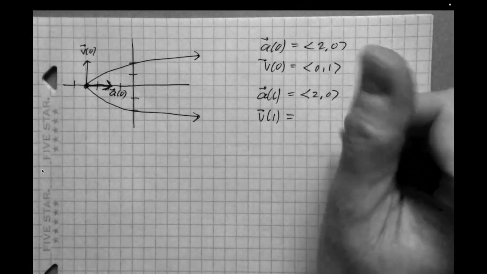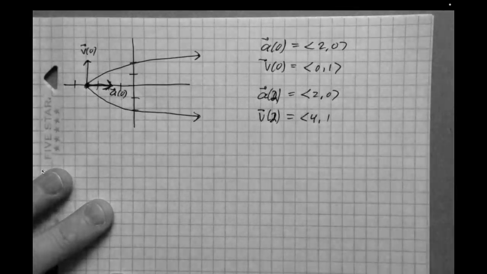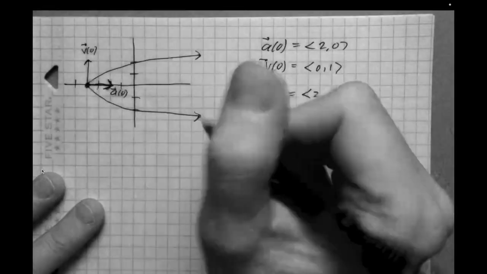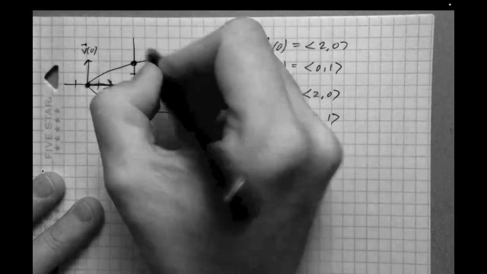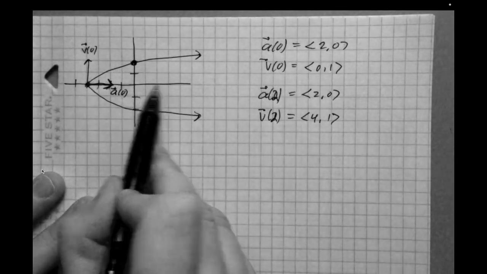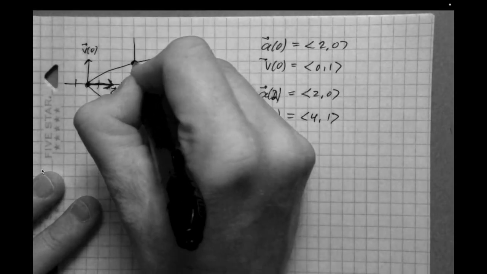Sorry, that's t equals 2. We just did those. So at t equals 2, the velocity is <4, 1>, right? And the position is here, right? And the velocity is going to be <4, 1>, so you can think 1, 2, 3, 4, and 1. So it's kind of doing this.